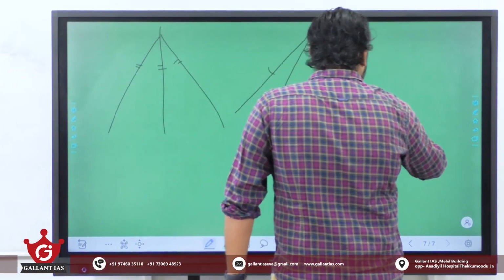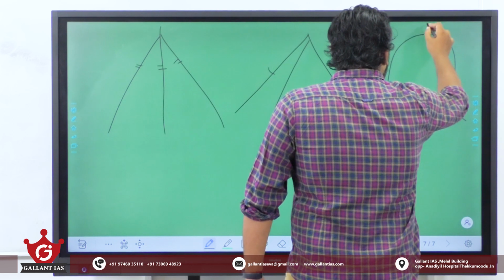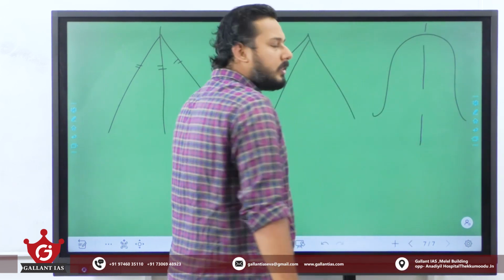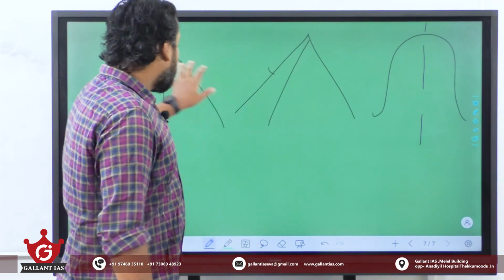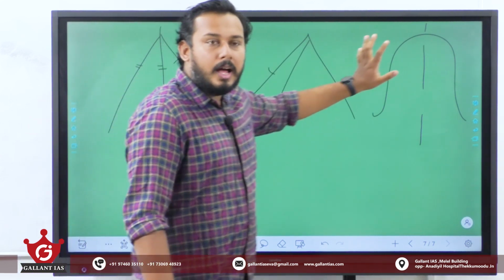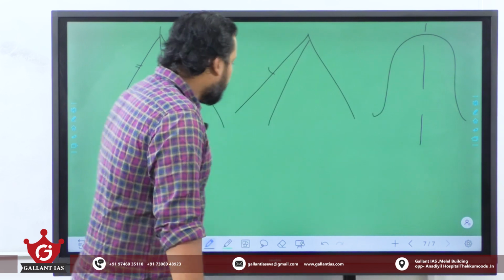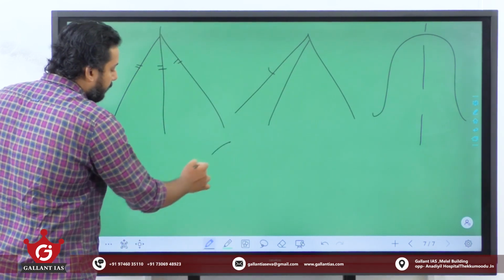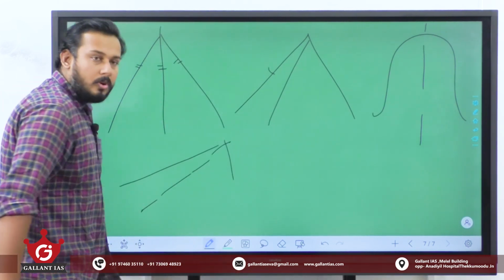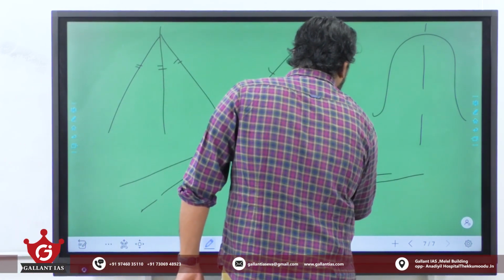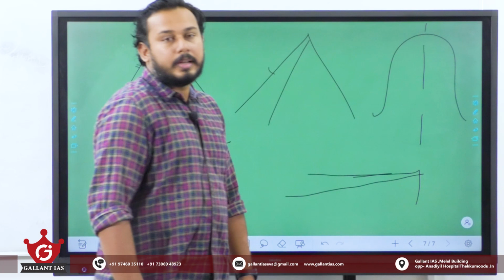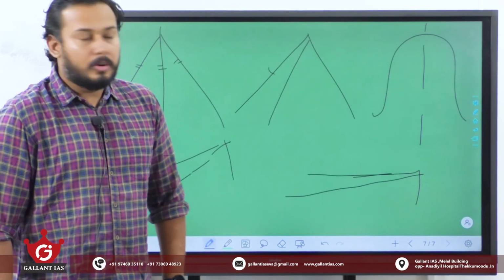If both the limbs are almost parallel to each other and parallel to the axis, we call it an isoclinal fold. Symmetric, asymmetric, isoclinal. If the axis is inclined at a larger angle, we call it overturned. If the axis is almost parallel to the ground, we call it recumbent. This is the difference.